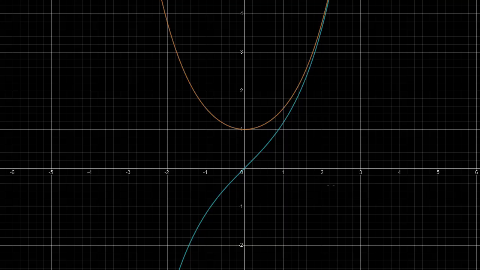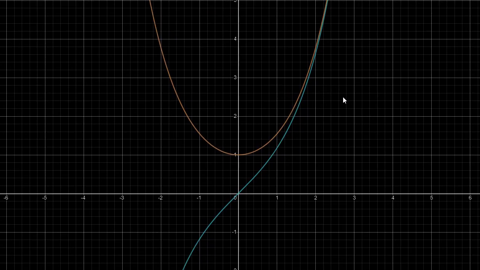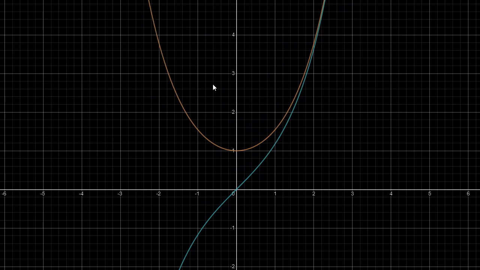Here's what the two graphs look like. Here in the orange, that's cosh, and here in the blue, that is sinh. What cosh models is how a wire will sit between two posts.